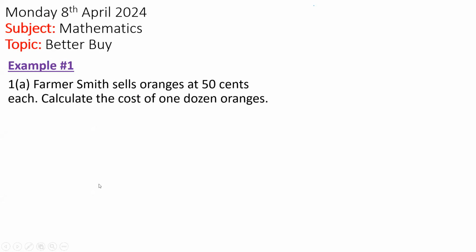All right. So let's go ahead and do that. The first thing we notice is that a dozen, and write this down for me, please, dozen means 12. So in order to get our answer, we're going to take 12 and multiply that by 50 cents.